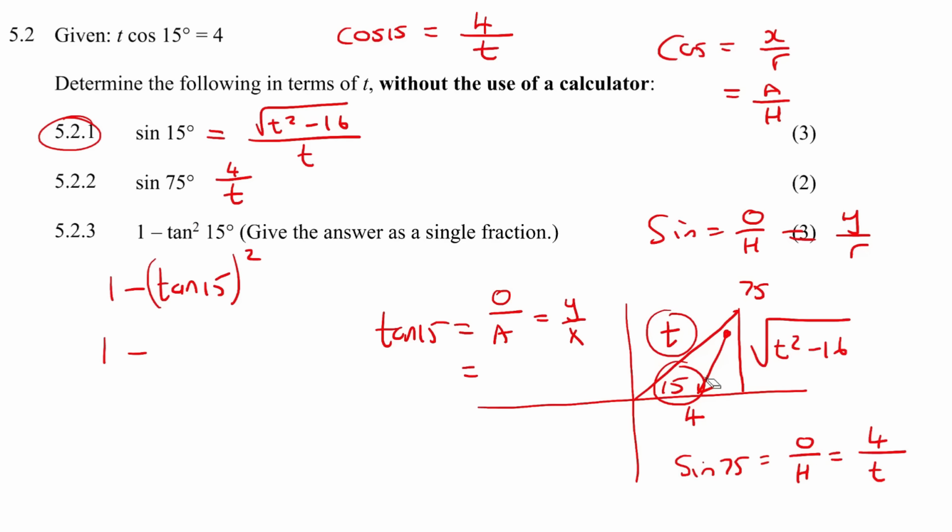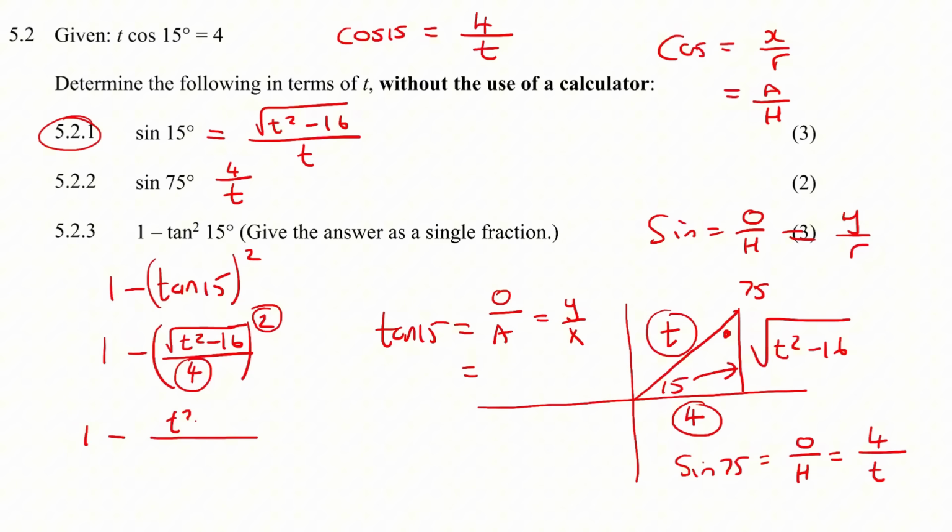So the opposite is going to be the square root of t squared minus 16, and the adjacent is going to be 4. And then you just square that. So you're going to end up with t squared minus 16 at the top, and if you square the bottom number, it becomes 16.